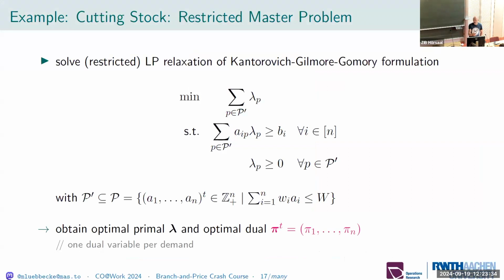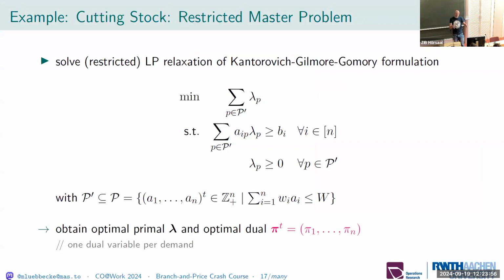Here's how this could look like. Because I just said, let's minimize over all the columns. So let's look at how this looks specifically for this formulation. What I'm starting from is an LP relaxation with only a few patterns. So I have only a few variables in my restricted master problem.